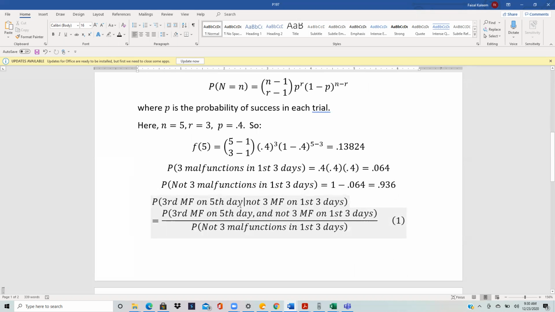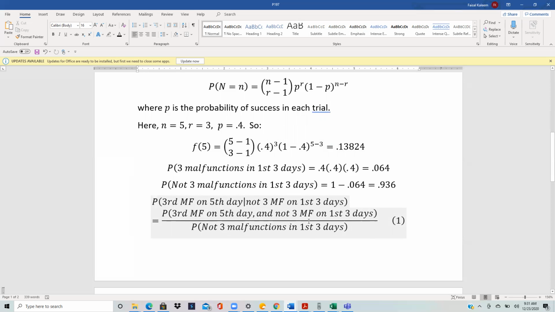By our basic conditional probability formula, that will be the probability of third malfunction on the fifth day and not three malfunctions in the first 3 days, divided by the probability of not three malfunctions in the first 3 days. We already know the denominator, that's 0.936. Now the numerator is saying third malfunction on the fifth day and not three malfunctions in the first 3 days.